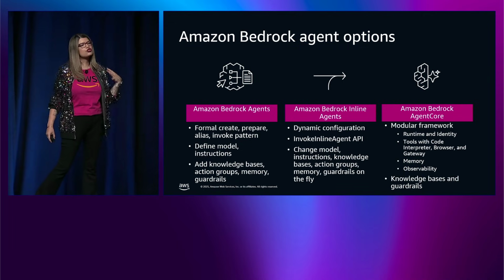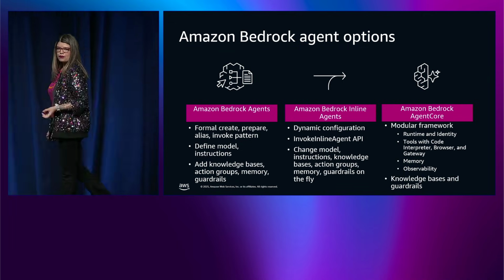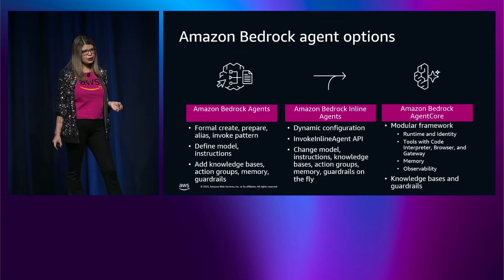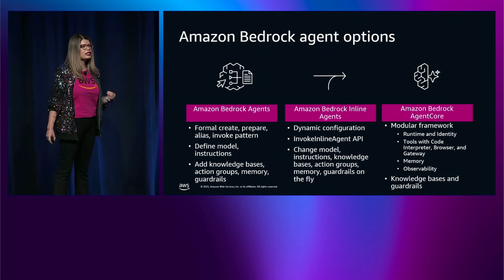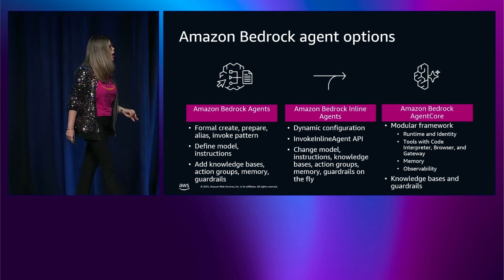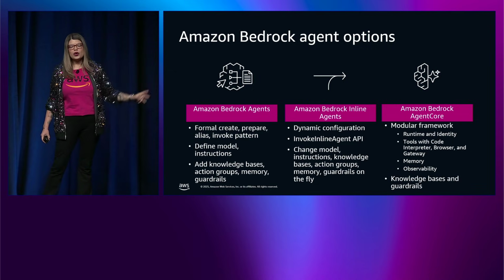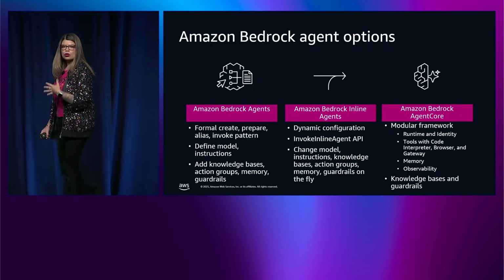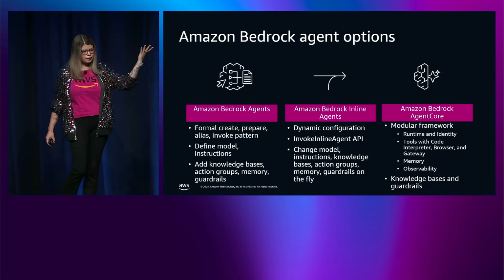We will provide the instructions, knowledge bases, and actions that are going to be performed using a Lambda function. It's a very complete ecosystem, and everything is managed. But this is the case where we are looking for a built-in solution. We don't need a higher degree of customization.